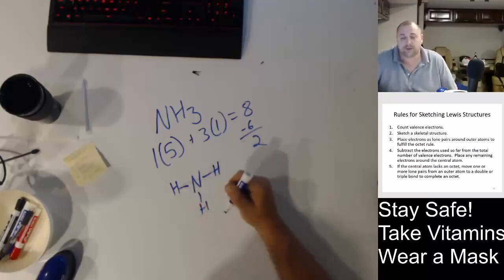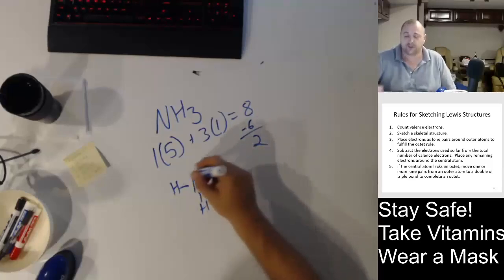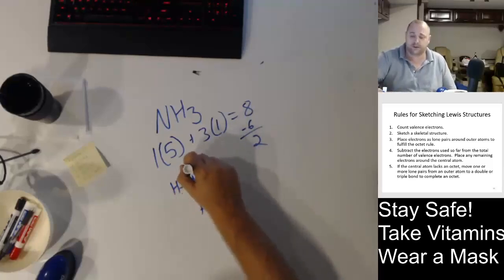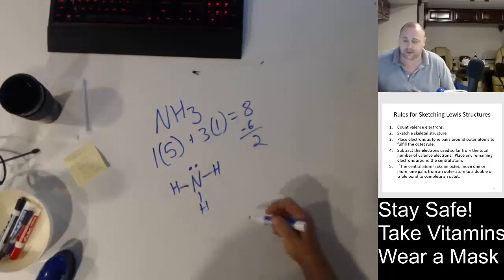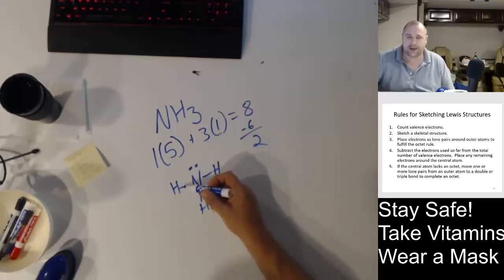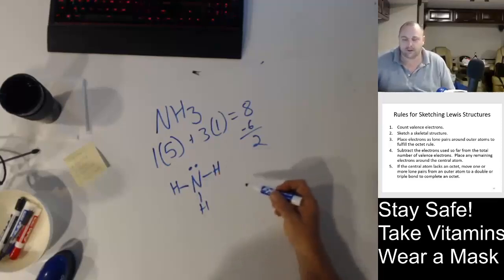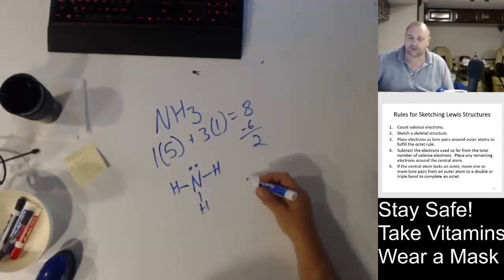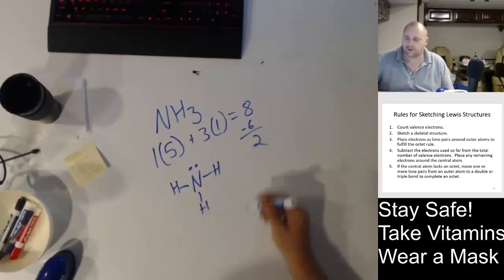Don't add more to those outside. It's done. Step 4 then says if you have any extras, they go on the central atom as a lone pair. So here we go. I added them on the central atom. I now have 2, 4, 6, 8 around the nitrogen, and each hydrogen has 2. Everything's happy. I don't need any double bonds or anything else. This one's good.